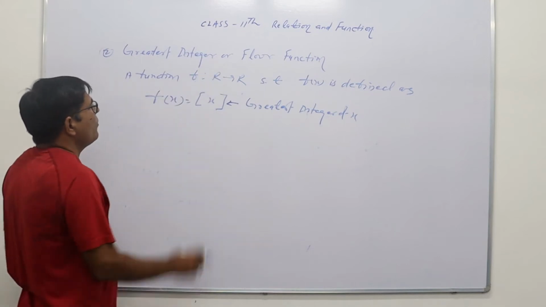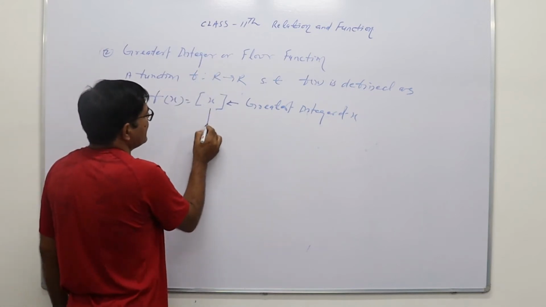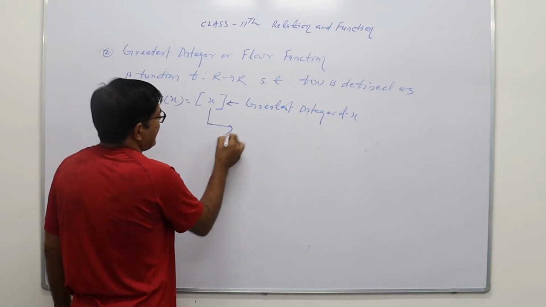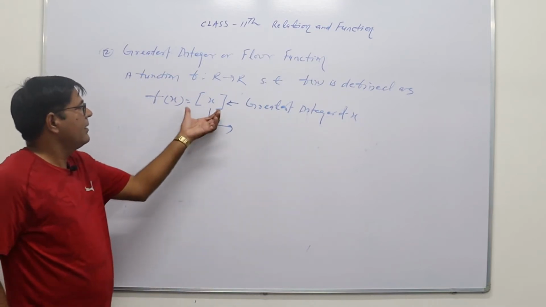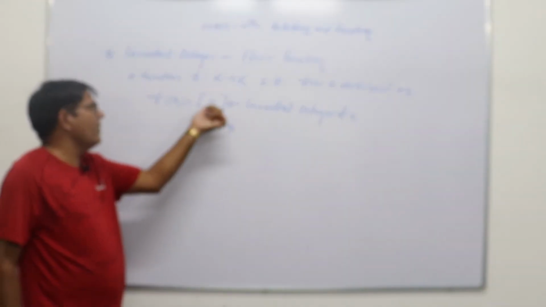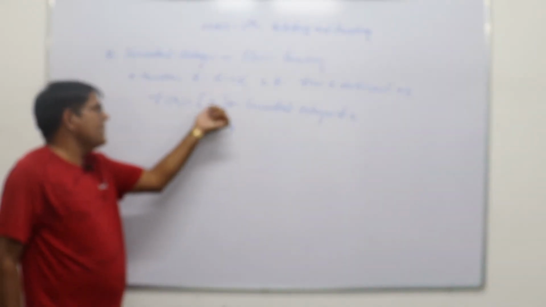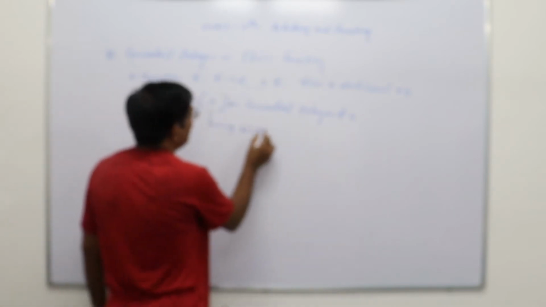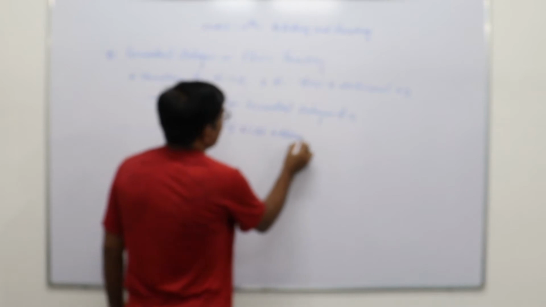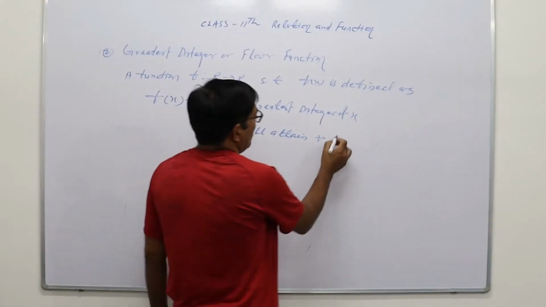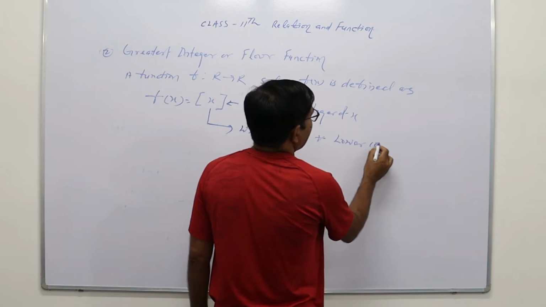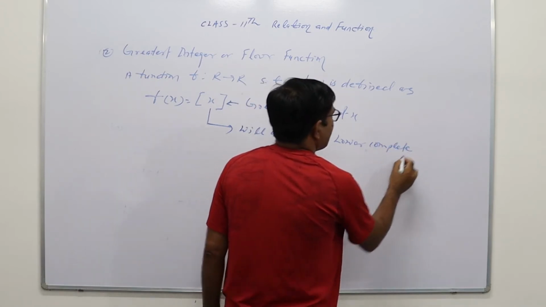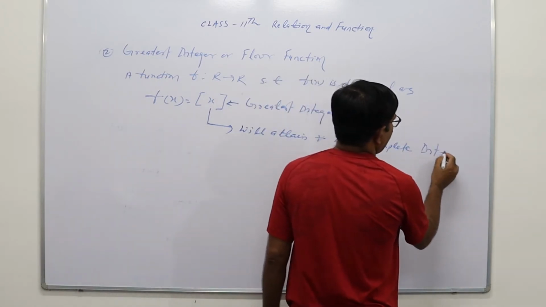Whatever the value of x, this x will be a set of real numbers. So whatever value we put in place of x, the greatest integer of x will always attain the lower complete integer.